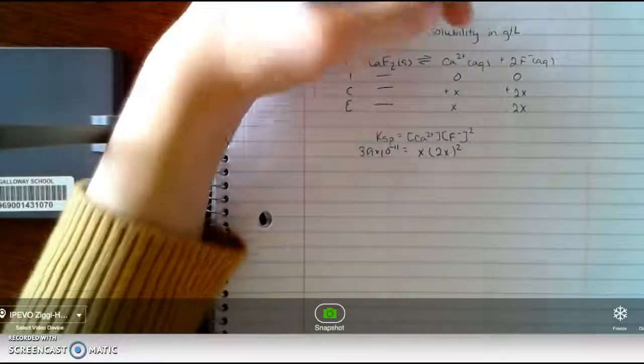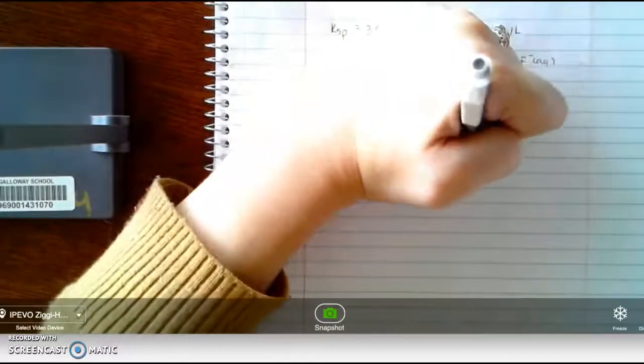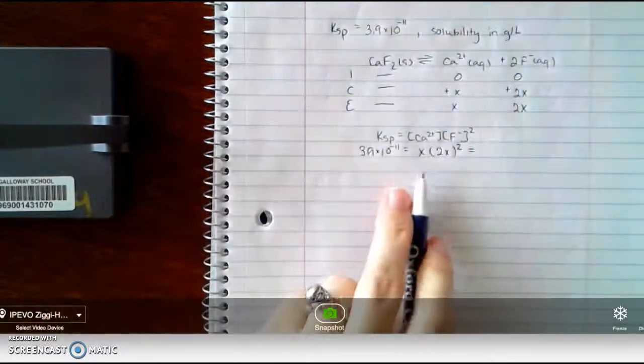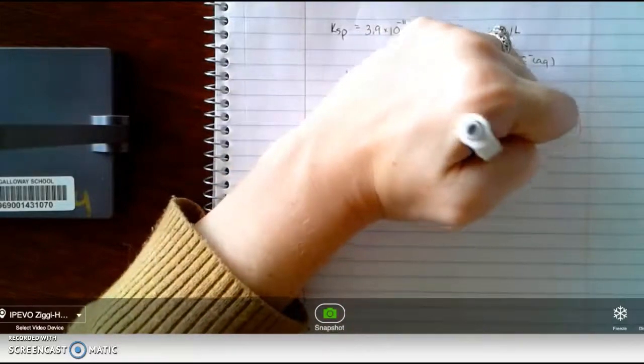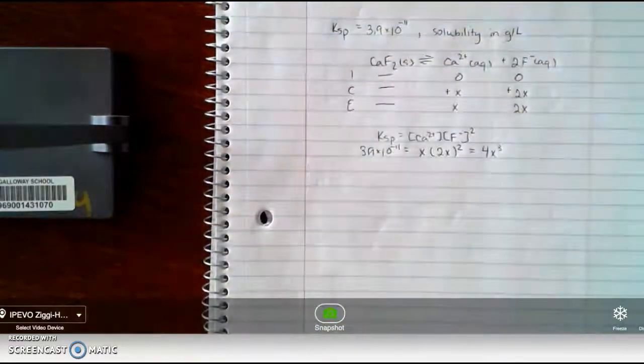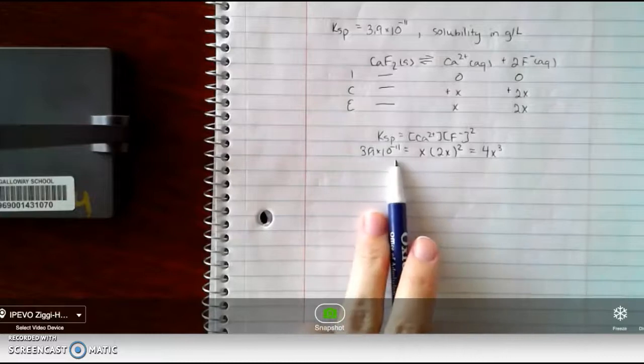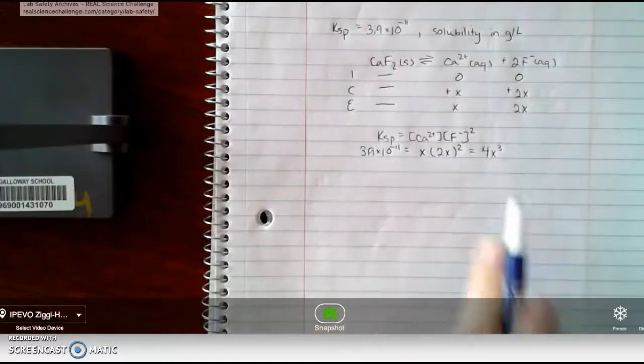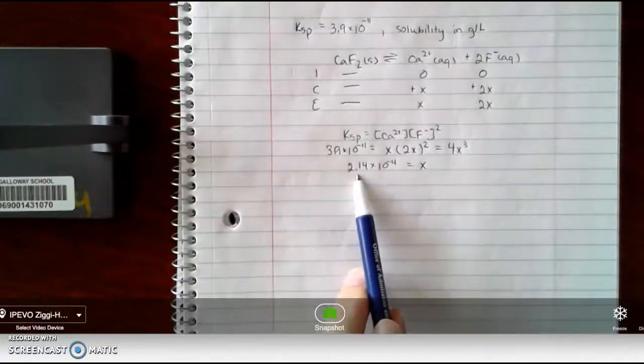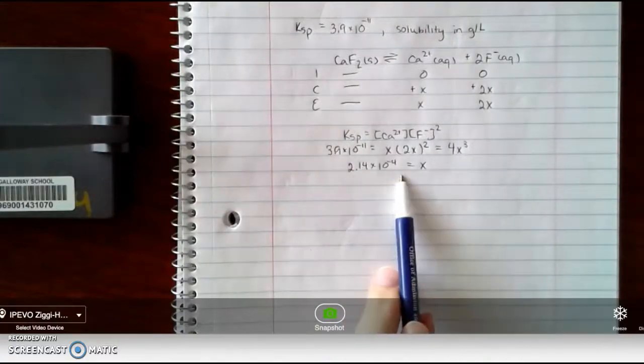Remember that if we square 2X like this, that equals 4X squared times another X here, so that's going to equal 4X cubed. So 3.9 times 10 to the negative 11th equals 4X cubed, and we'll solve for X here. When we solve for X, we get 2.14 times 10 to the negative 4th.